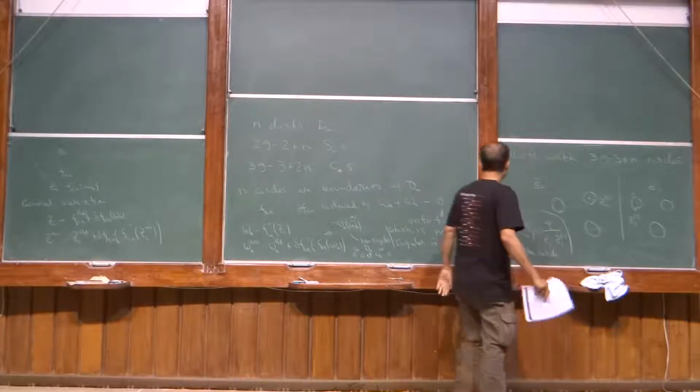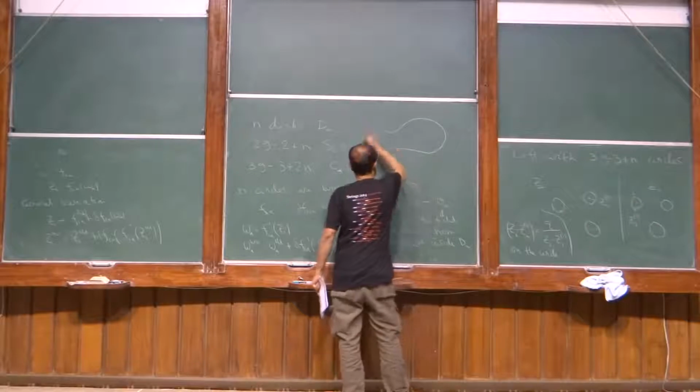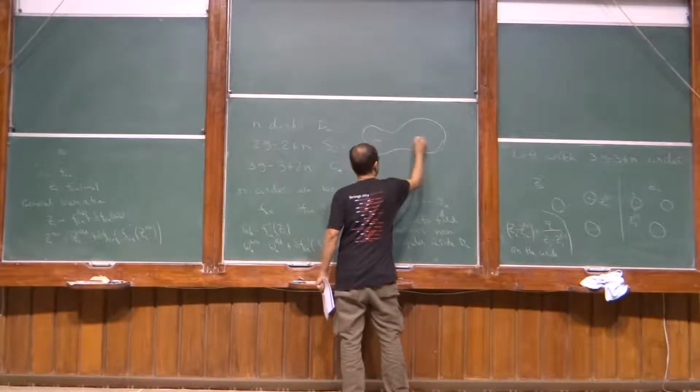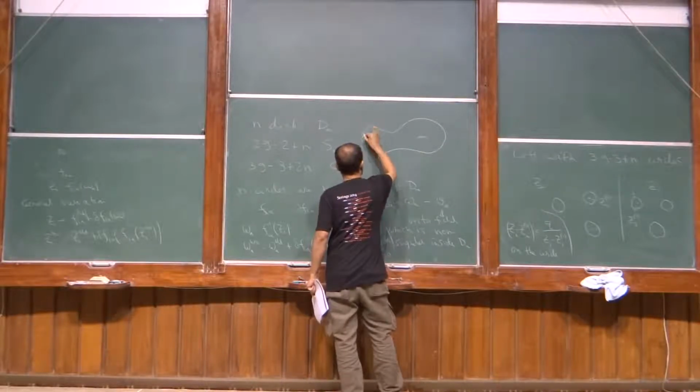If you look at the general diagram, around each circle only two things are glued.